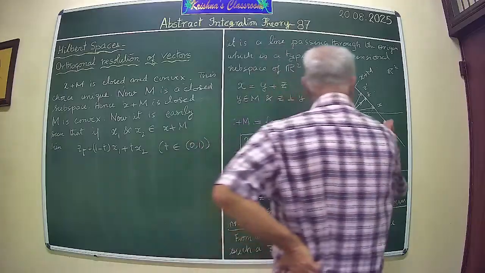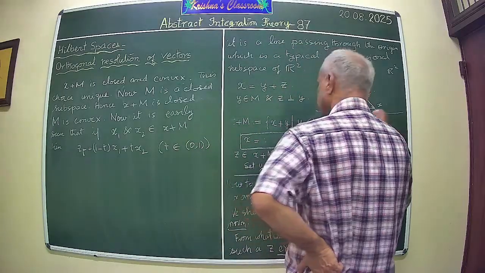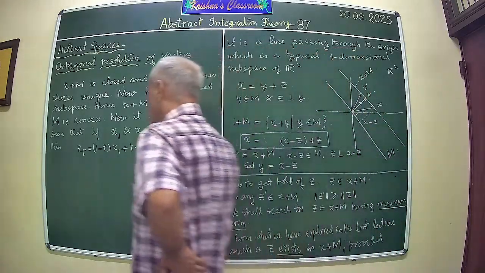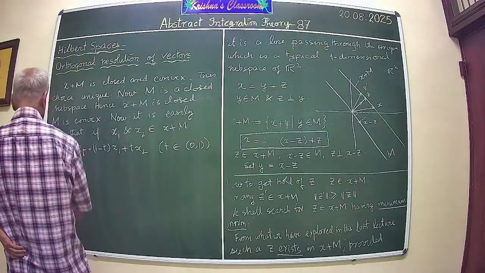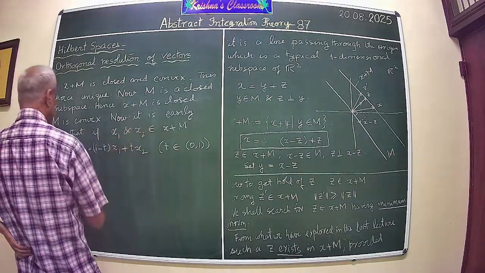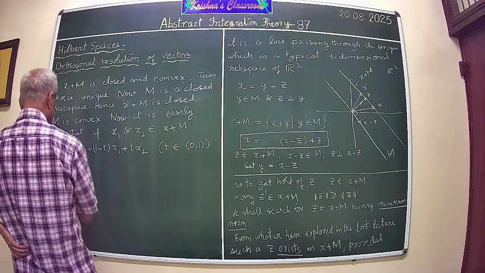So that means you choose any 2 points and the line segment joining them belongs to x plus m.